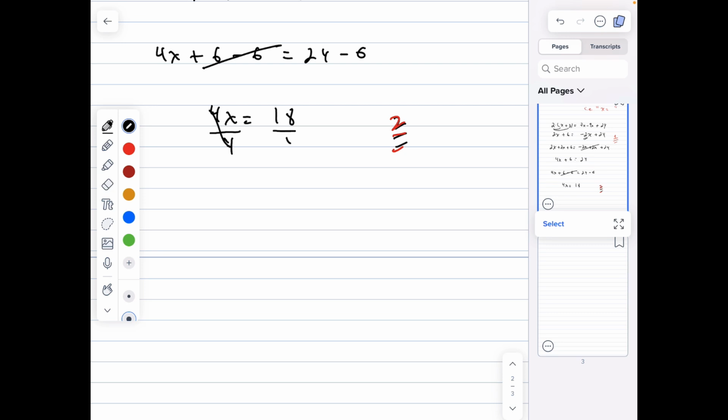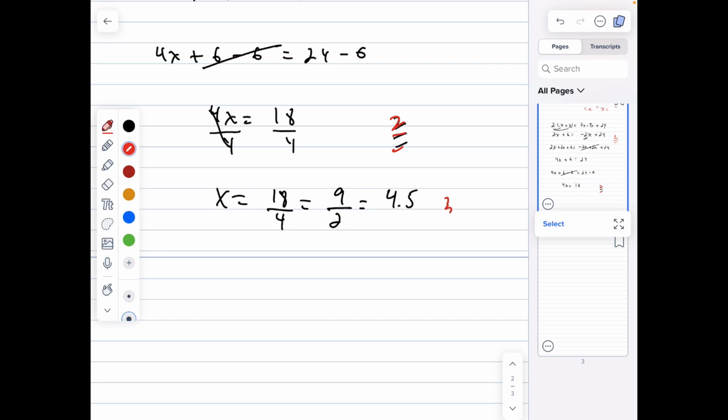So we'll divide by 4. 18 over 4: 4 doesn't go into 18 evenly, but we can reduce this. 2 divides both 4 and 18. 2 divides 4 twice, and 2 divides 18 nine times. So you get 9 halves, or if you prefer a decimal, 4.5. And that is your last step.